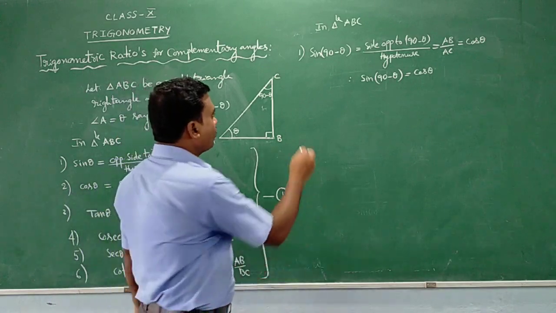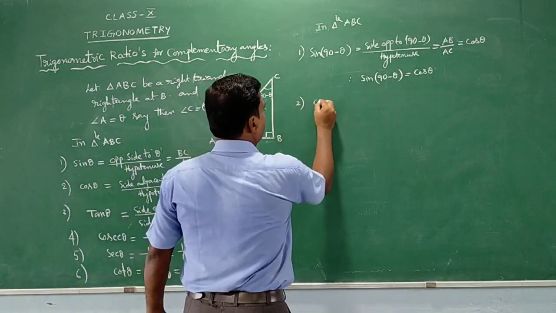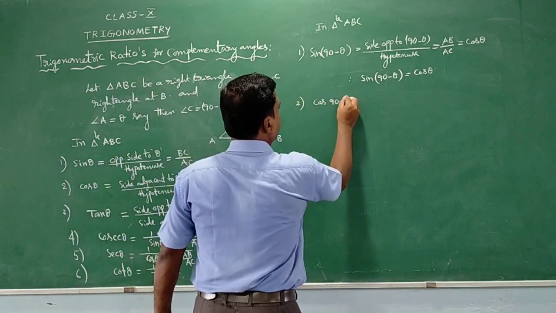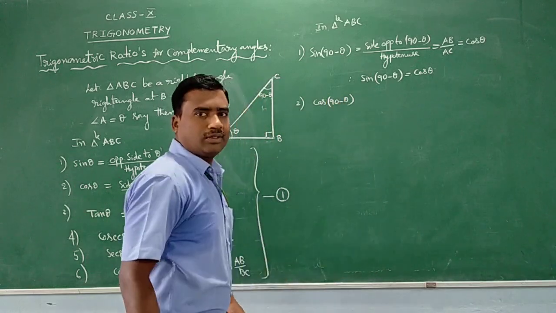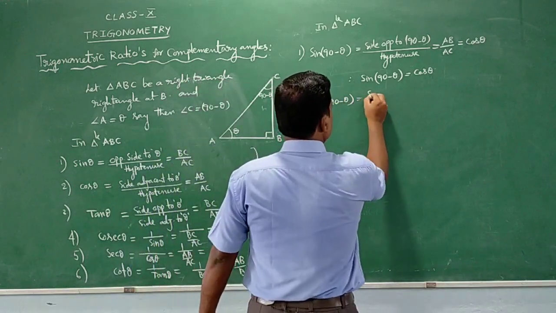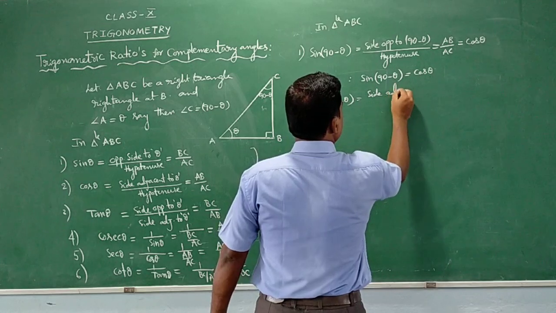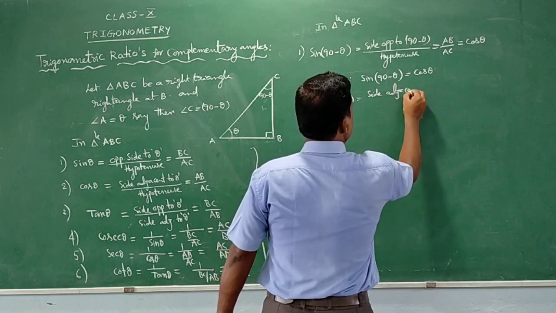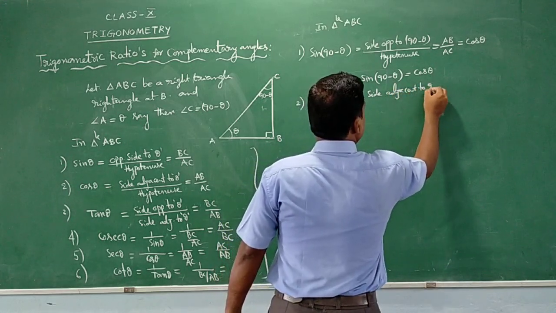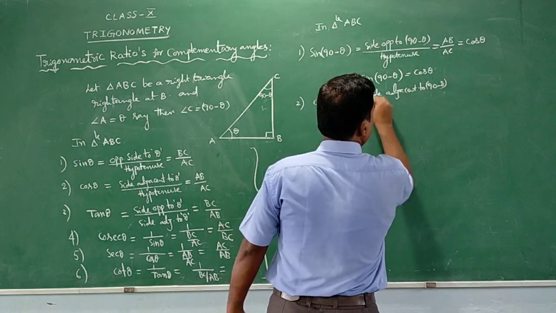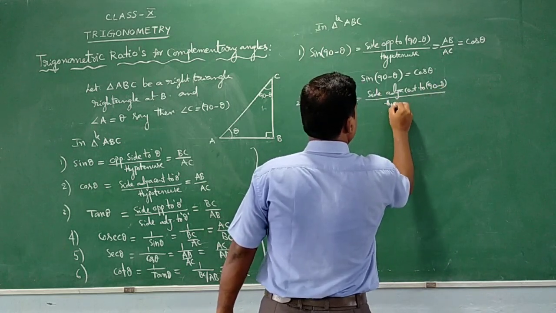Clear? Now the second one: cos(90 minus theta) is equal to the side adjacent to (90 minus theta) by hypotenuse.